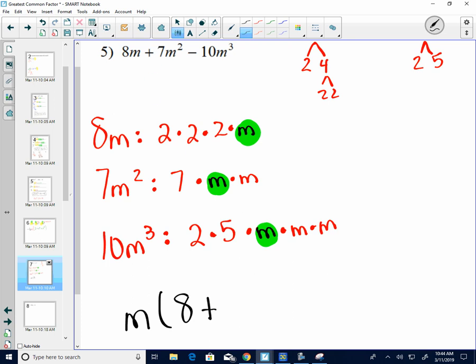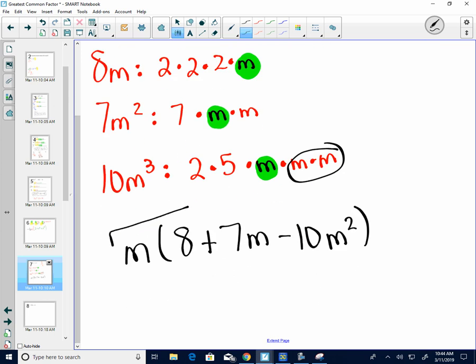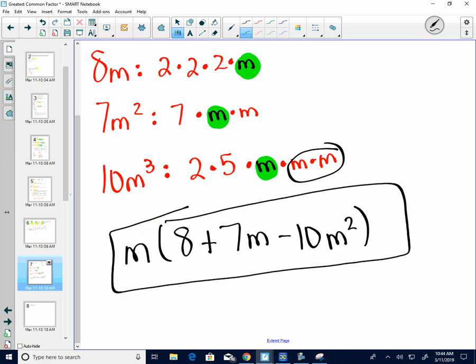It was a plus sign in between. So here I'm left with a 7 and an m in the second term. Then it was a minus sign. And 2 times 5 was 10. And I have m squared left. And so this would be how I factor out a greatest common factor for this problem.